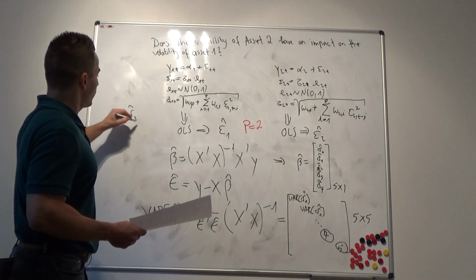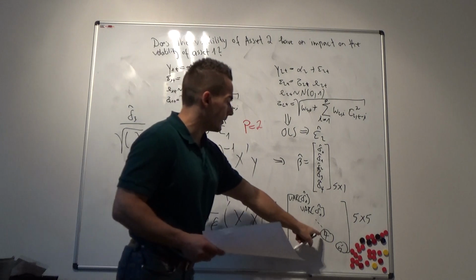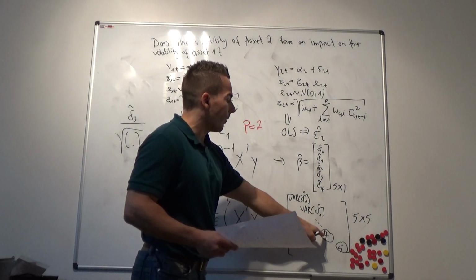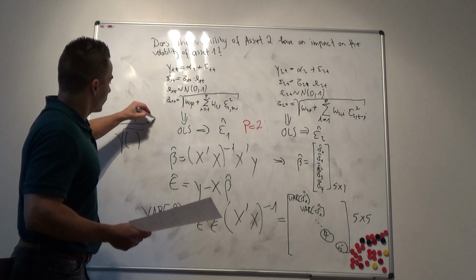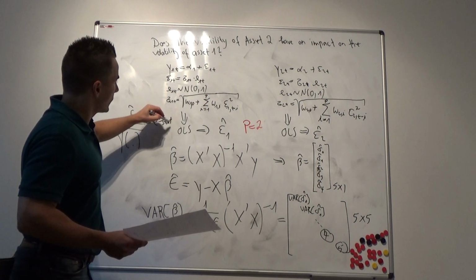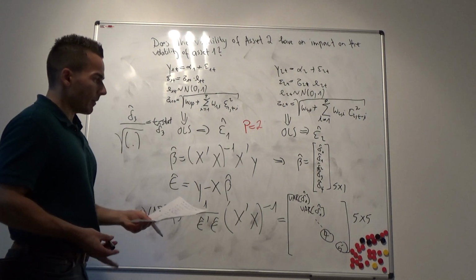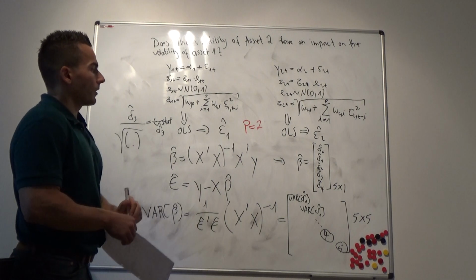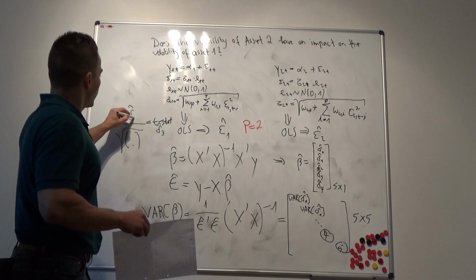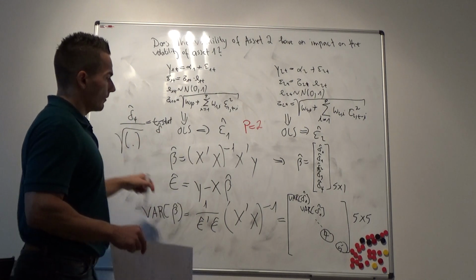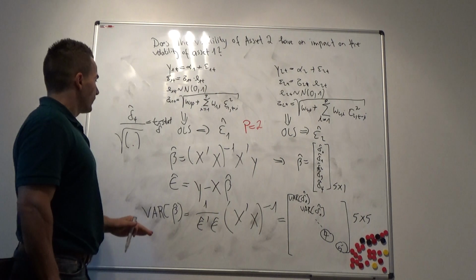We take the point estimator delta hat 3 and divide it by the square root of the fourth element on the main diagonal of our estimated covariance matrix. That's the t-statistic for our delta hat 3. In the same manner, we estimate the t-statistic for delta hat 4 by dividing it by the square root of the last element on the main diagonal of the covariance matrix.